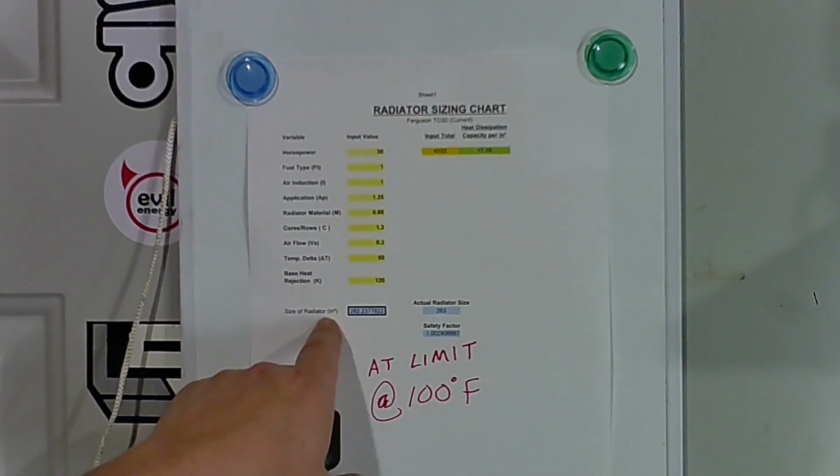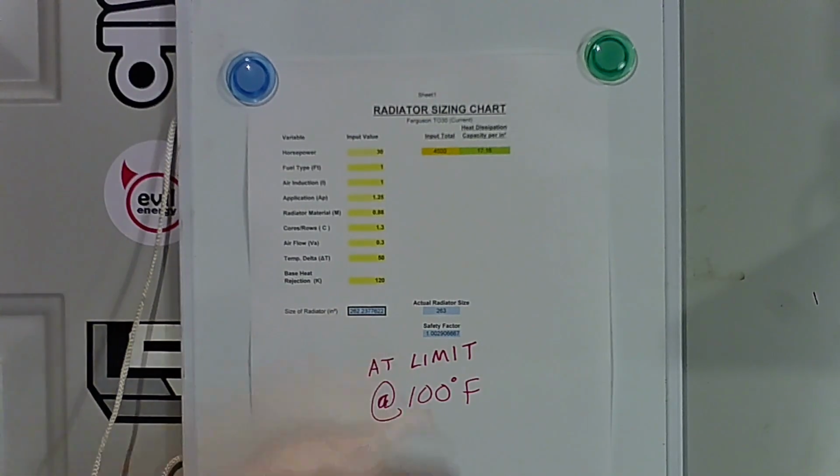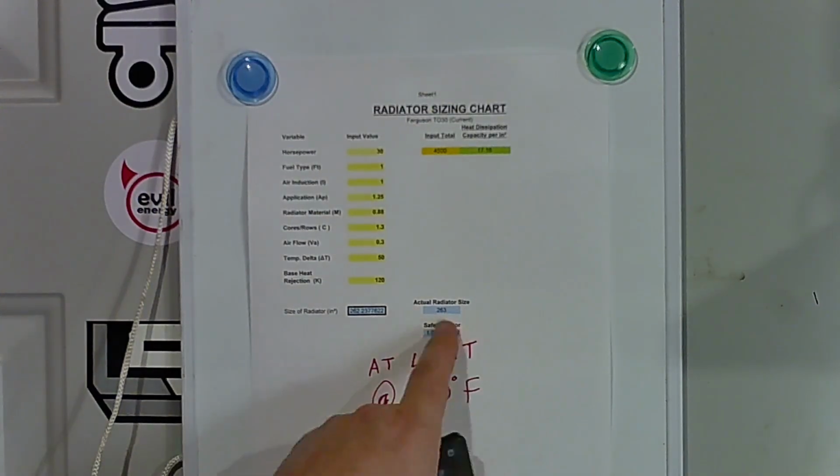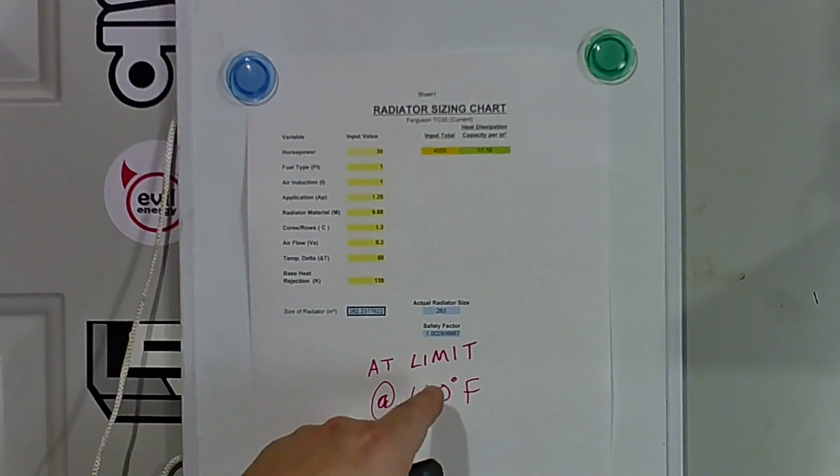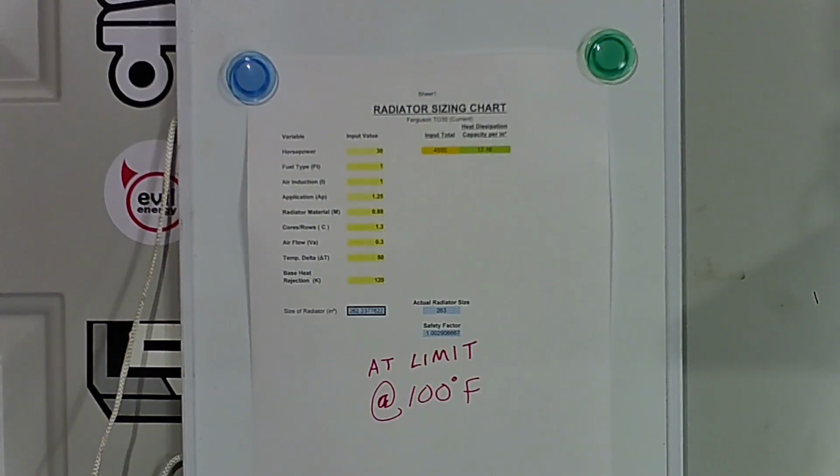This means we need a radiator size of 262.238 square inches. My radiator size is 17.25 by 15.25, which is 263. So at 100 degrees Fahrenheit at the radiator, I am at my limit. And that is what I'm seeing. If I stay in the light tillage mode and I'm right at 100 degrees, it will come up to 150 degrees and it will stay there.